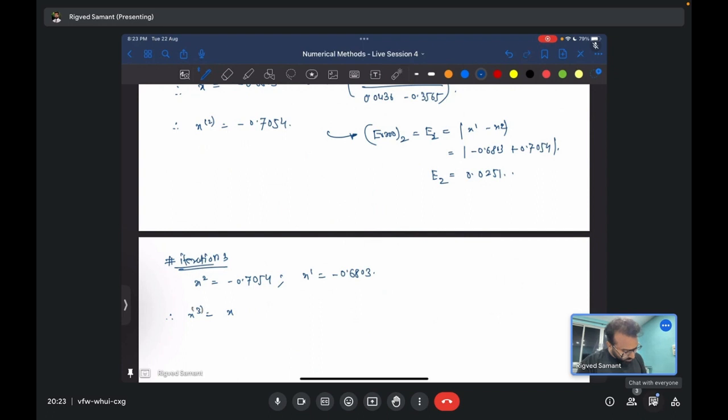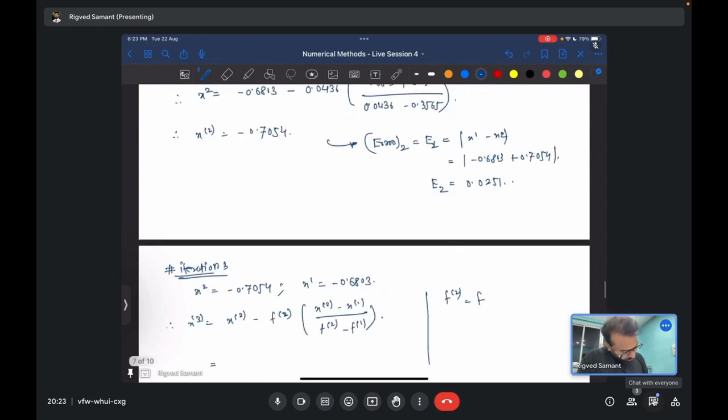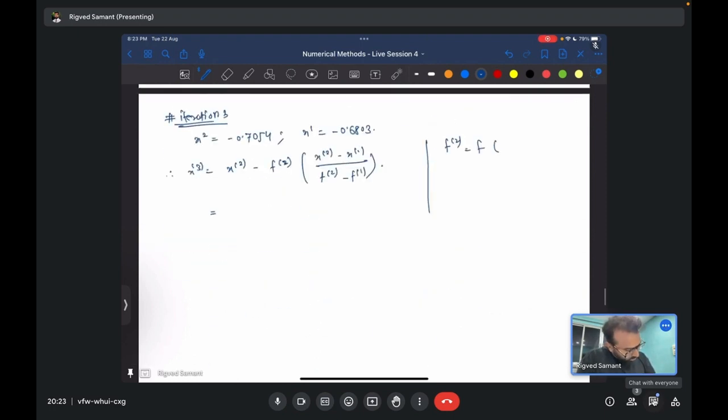So this is everything, x2 minus f2 into x2 minus x1 divided by f2 minus f1. Okay, we have to find f2 first. So f2 is nothing but f of minus 0.7054.